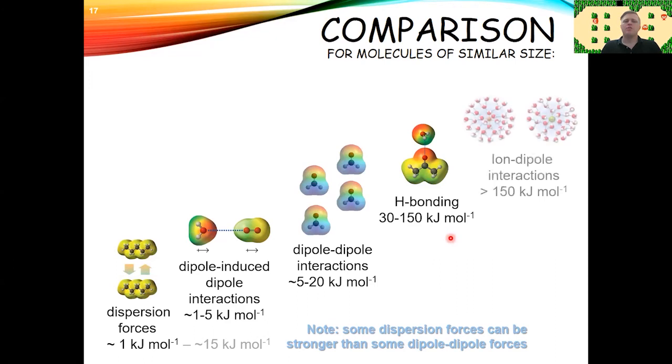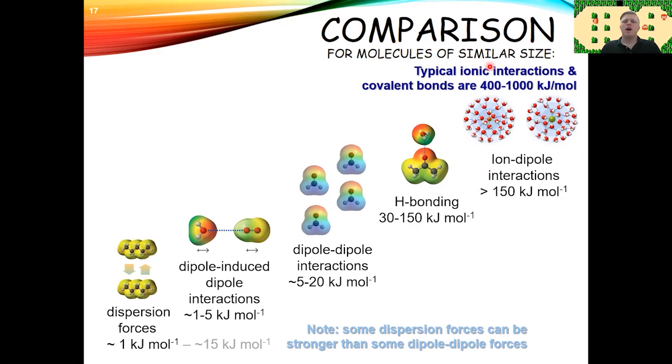And above hydrogen bonding are ion-dipole interactions, like what you get when you dissolve a salt in water. And these have interactions that are usually above 150 kilojoules per mole. And we compare all of these to ion-ion interactions, or ionic bonding, or covalent bonds.